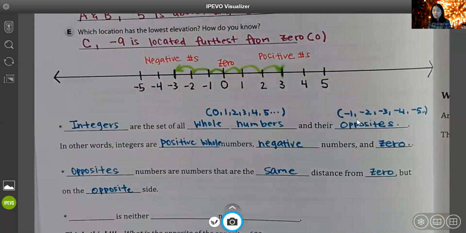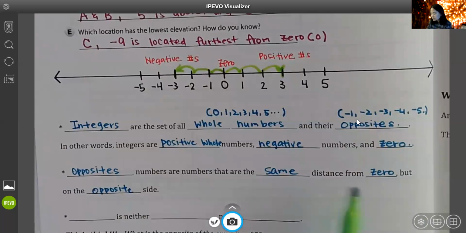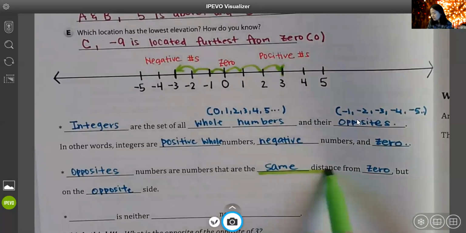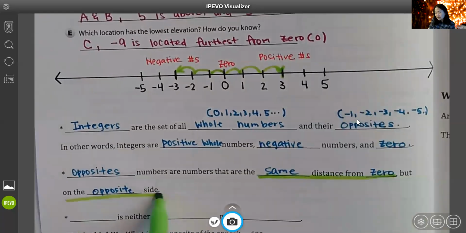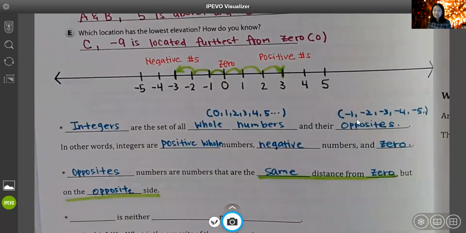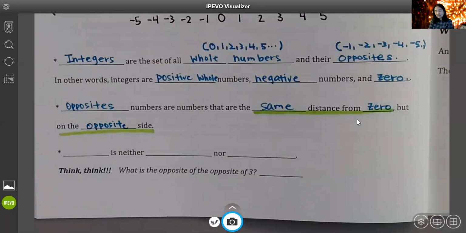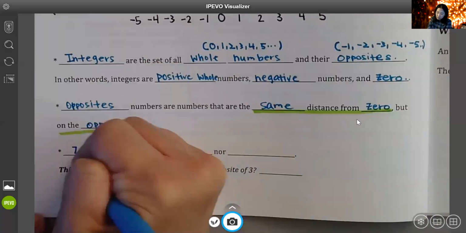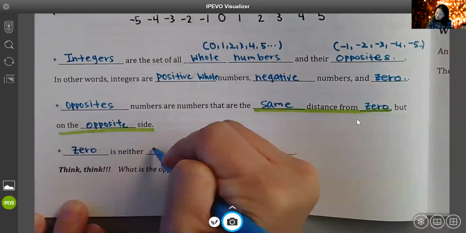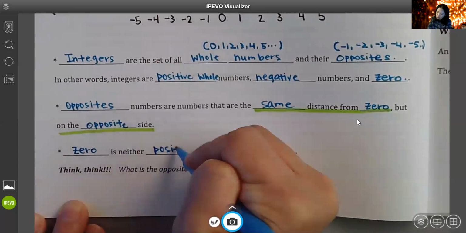They're both 3 units from 0. They're the same distance from 0, but they happen to be on the opposite side. Okay, now finally, what about 0? 0 is neither positive nor negative.